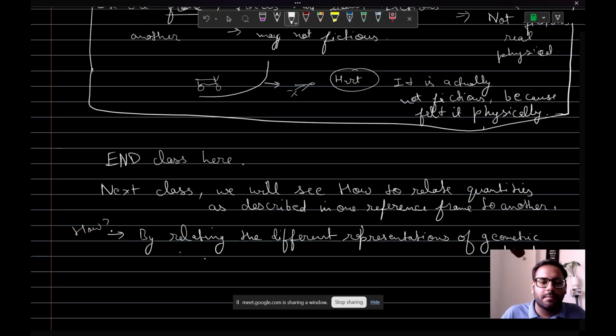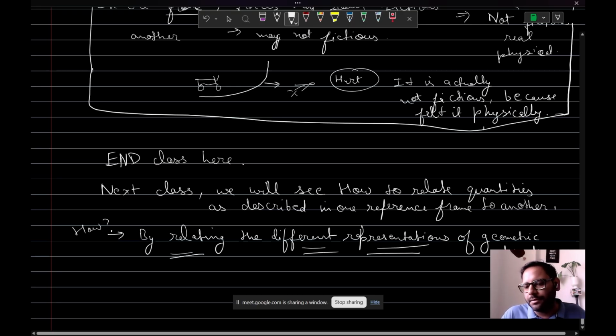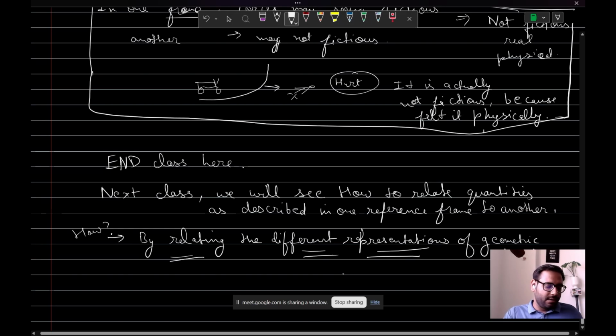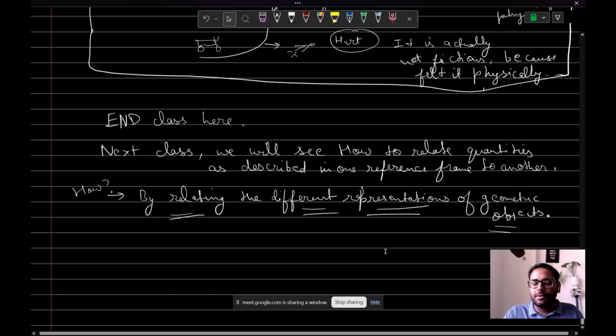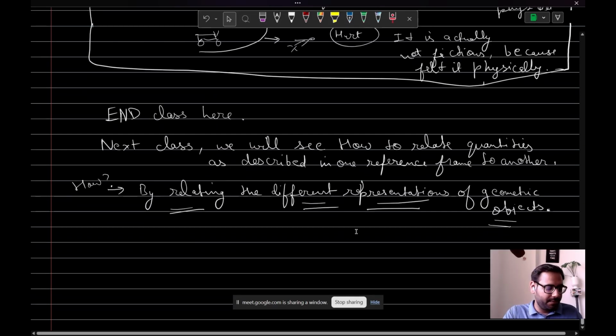The geometric object can be anything like vectors, scalars, or tensors, or like events, and those geometric objects are actually independent of the choice of reference frame.